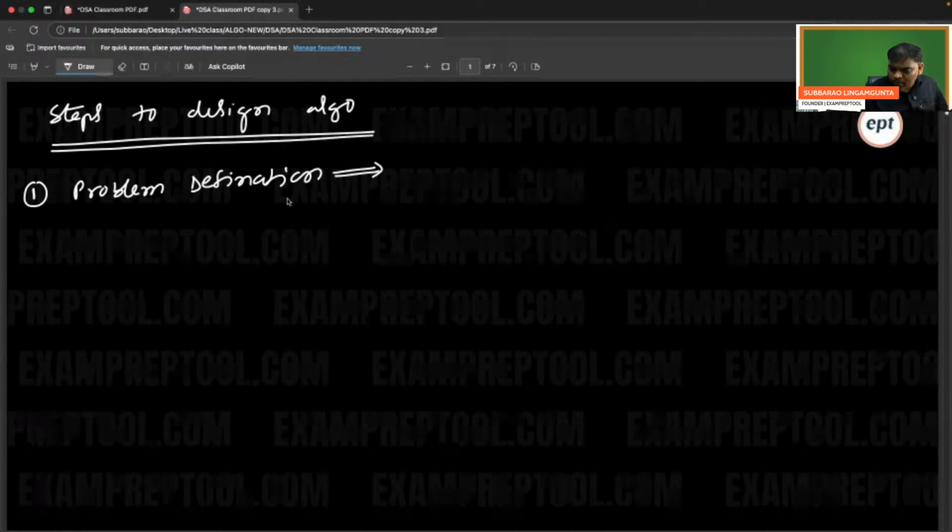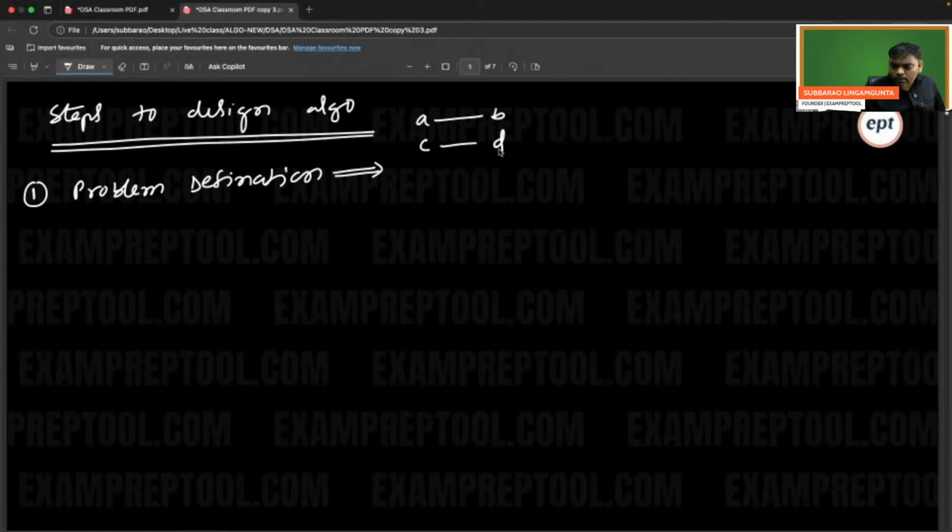That means you should know: A is given input, what is the output? B. C is given input, what is the output? D. E is given input, what is the output? Suppose you don't know the output for E, that means you don't know the problem clearly.